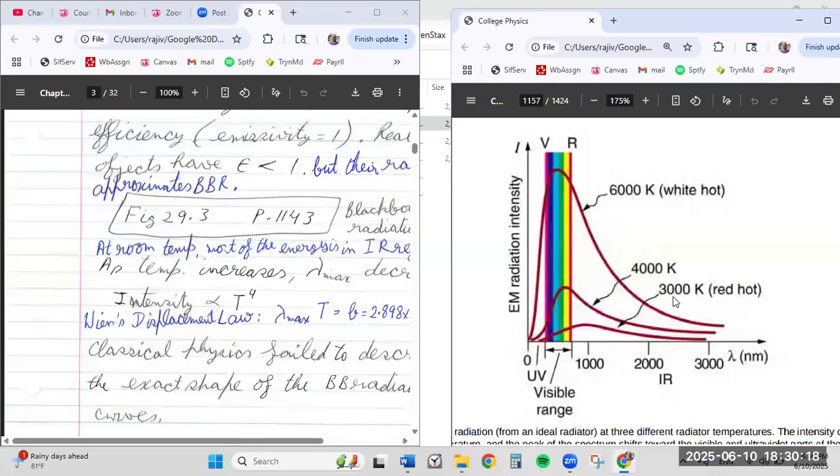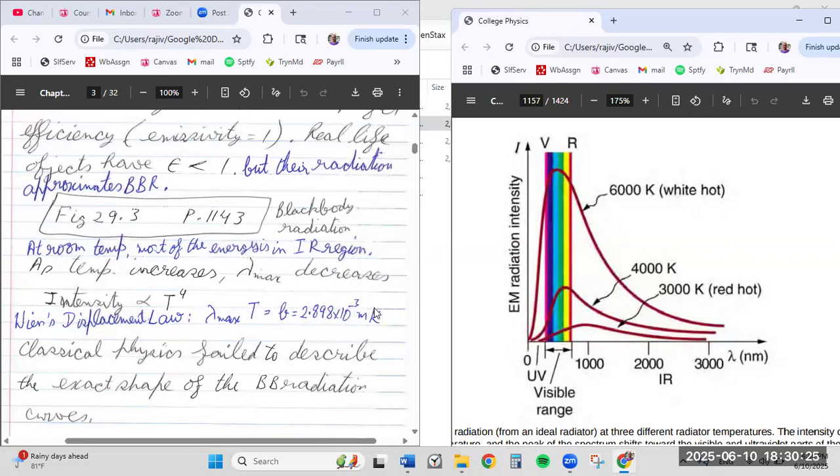So in this graph, what you see is the spectrum of black body radiation. On the y-axis, you have the intensity of electromagnetic radiation, and on the x-axis, you have the wavelength of the emitted radiation.